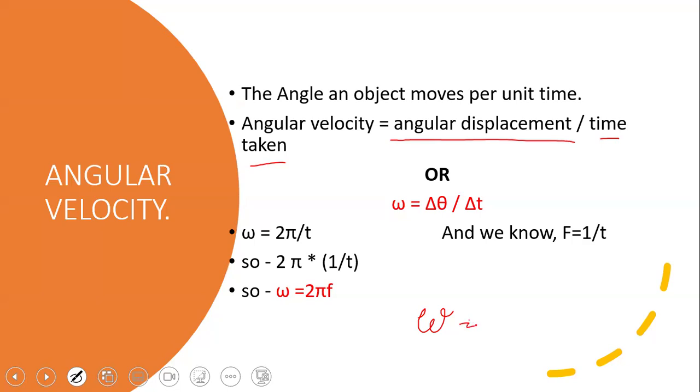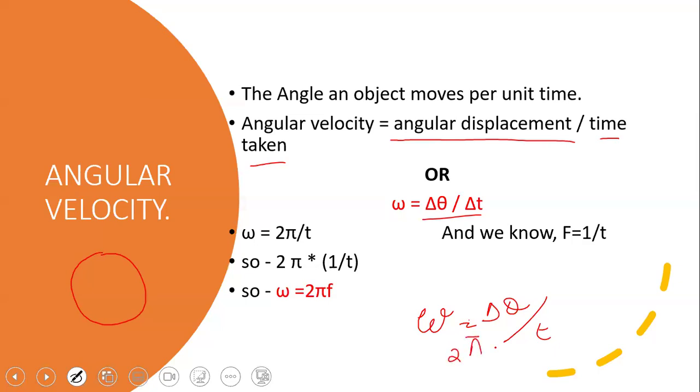The formula for this is basically angular displacement per unit time. Now, for one complete cycle, the angular displacement is going to be obviously 2 pi. So we are going to write down 2 pi.